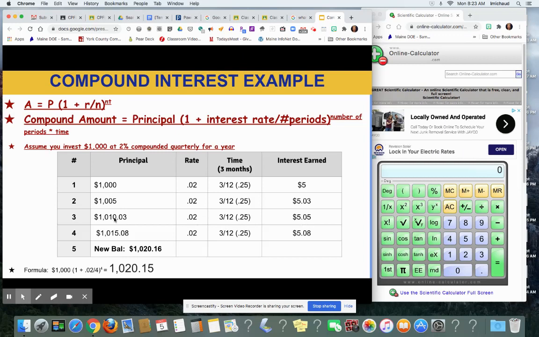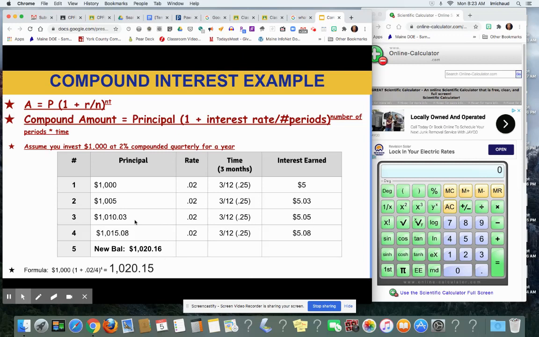Then you would add that to the previous balance, ending up with 1,015.08. Multiply by 0.02, multiplied by 0.25, you'd end up with $5.08, and then you add that to the previous balance. So that amount becomes $1,020.16. So basically, that's a lot to do, and that's just compounded quarterly for a year.